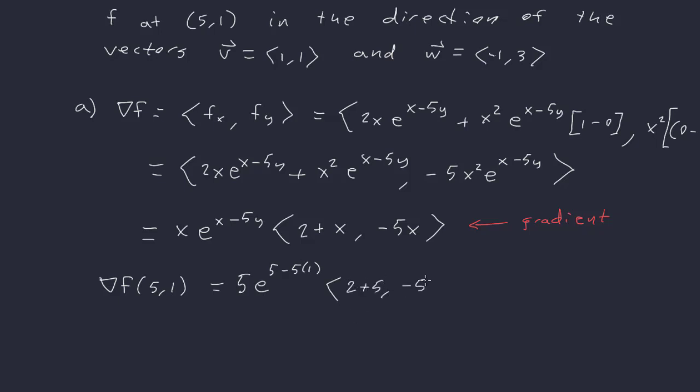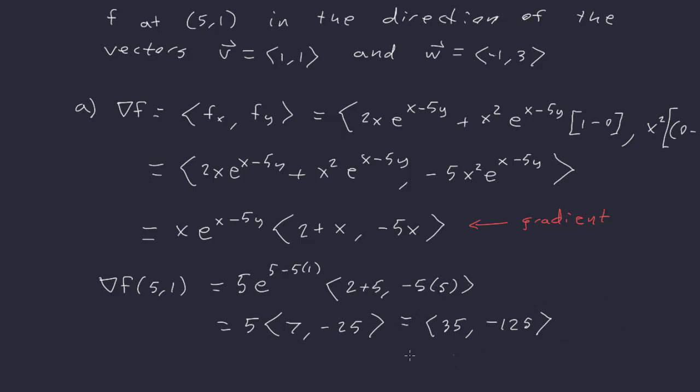Then we'll have 2 plus 5, comma, negative 5 times 5. So we'll get 5 times 7, comma, negative 25, which will be the vector (35, -125).